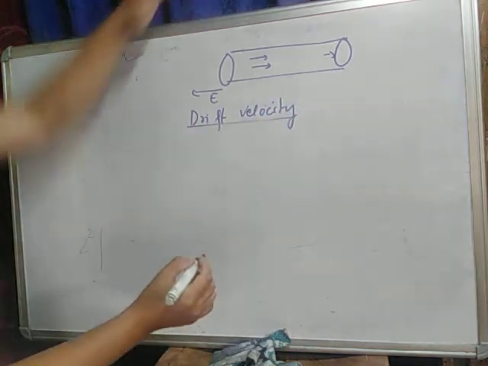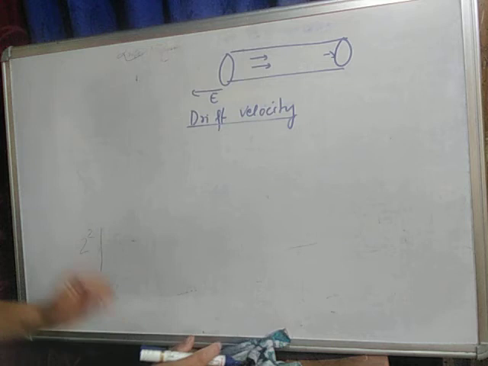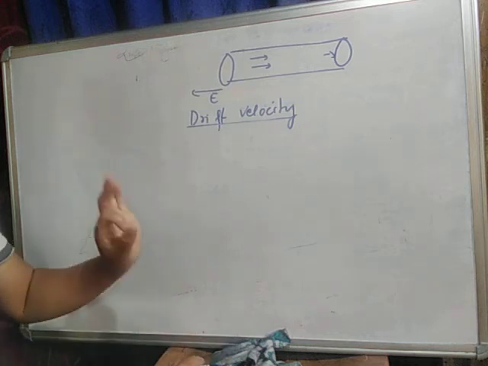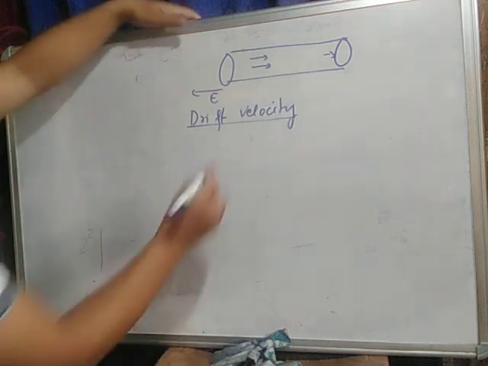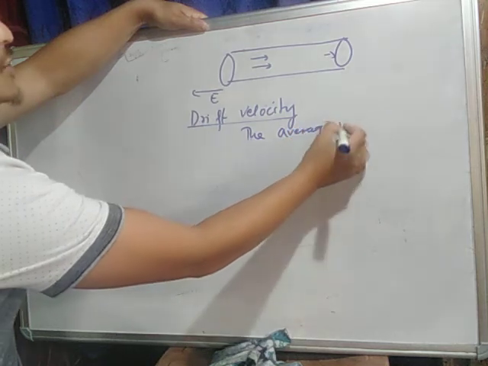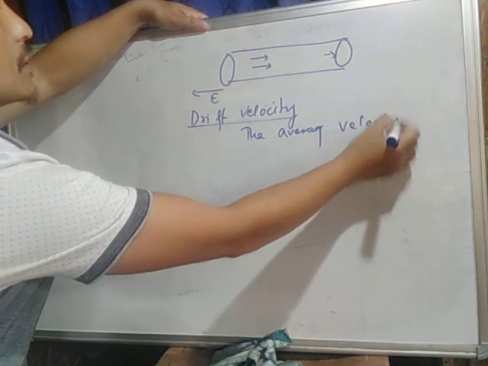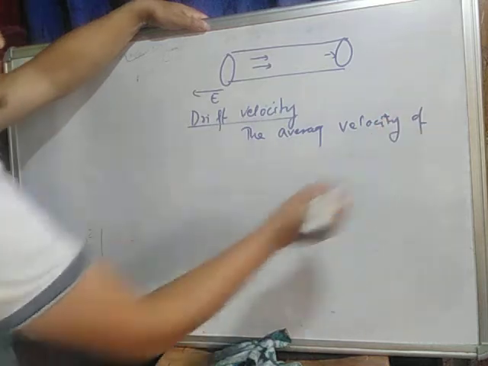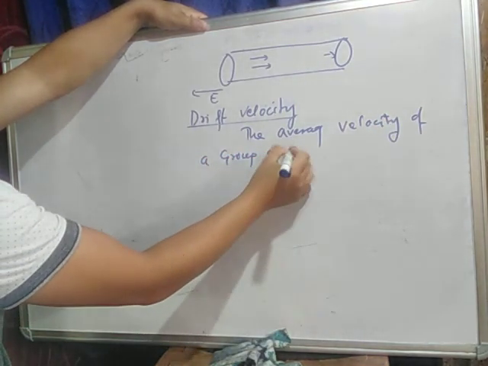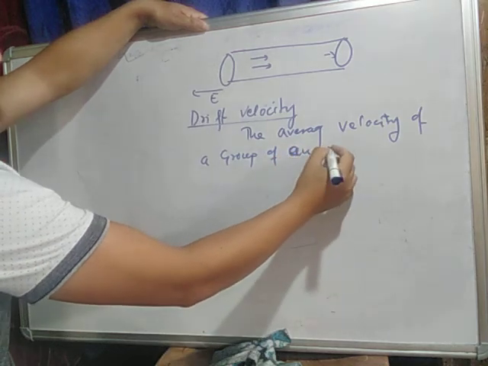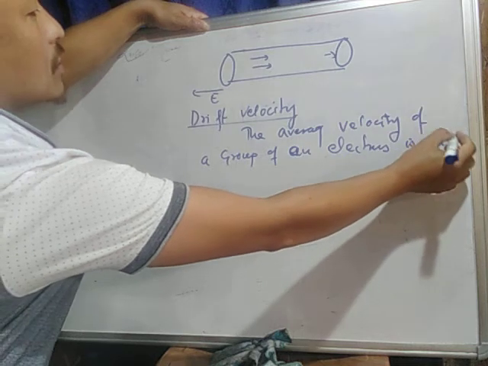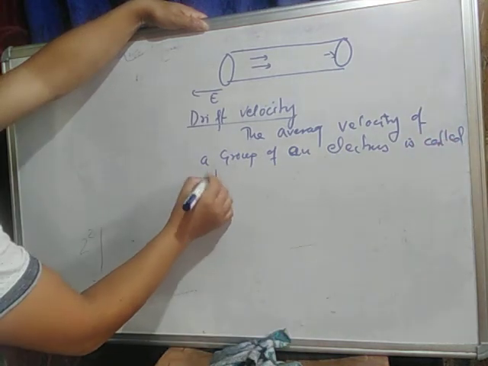The definition of drift velocity, write down: the average velocity or speed of a group of electrons is called drift velocity.